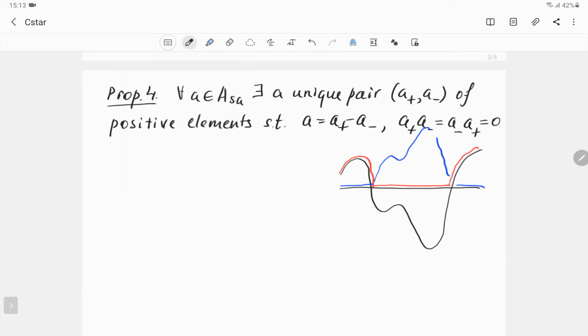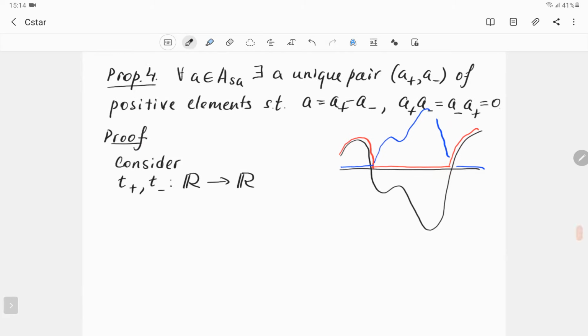In the general case, the proof is more or less the same. It uses the functional calculus trick. We consider the following two functions, T plus and T minus. I'll not write explicit formulas, I'll just draw a picture. So I hope it will be clear what the functions are.